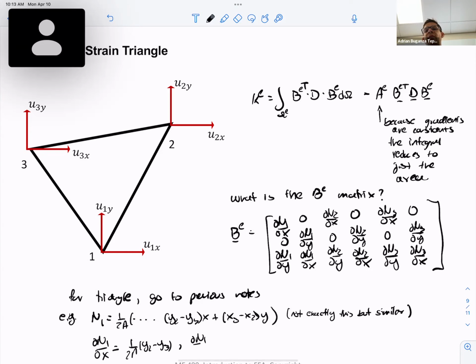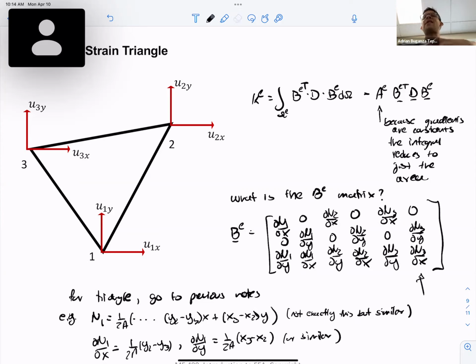And the derivative with respect to y is just x3 minus x2.